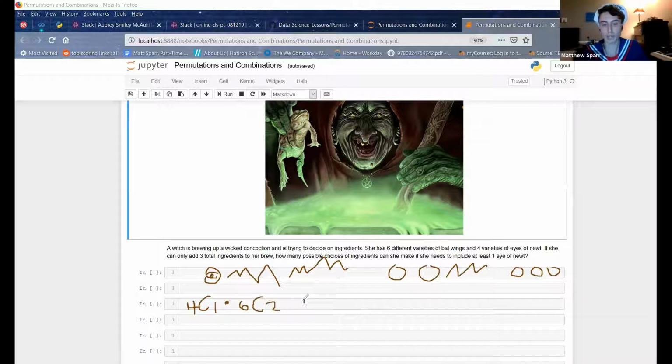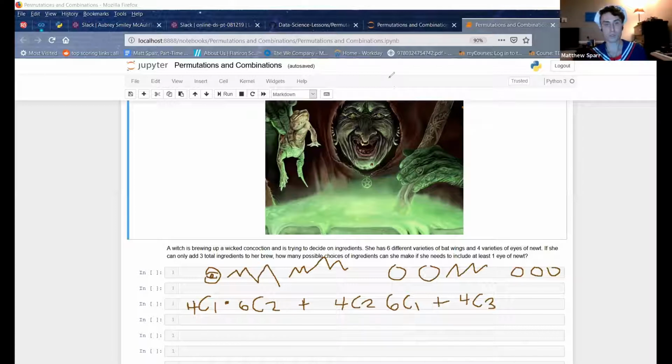Then we add this to the next ones. For the second, there are 4 possible eyes, we choose 2, and 6 possible bat wings, we choose 1. And for the last one, there are 4 possible eyes, and we choose 3. If we add this together, we should get the total number of combinations.